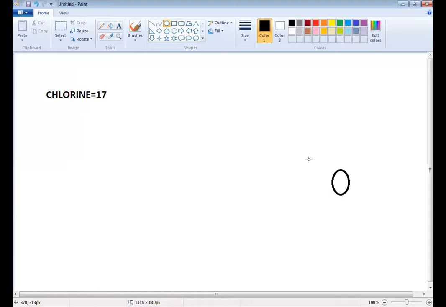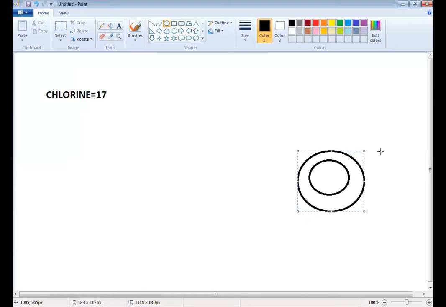Here is the nucleus, and then in the first orbit only two electrons are present. In the K shell, two electrons are present, one and one, two.